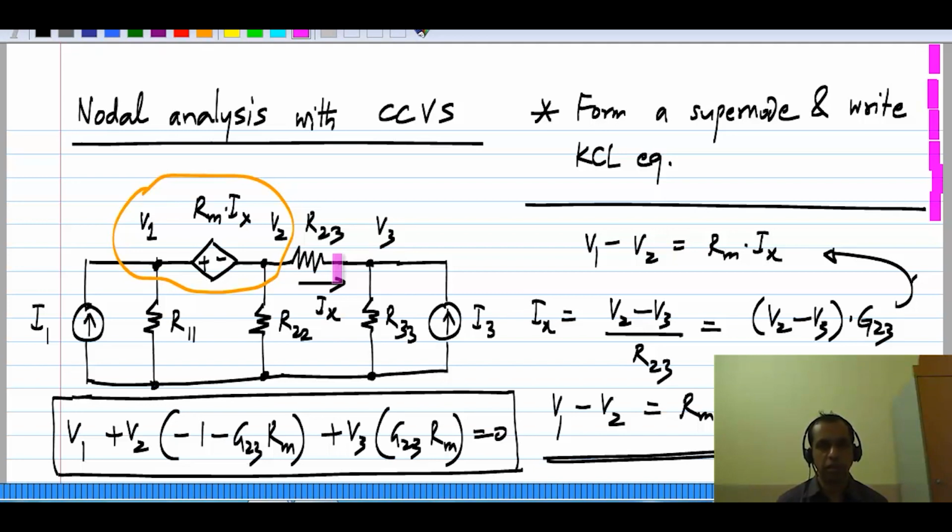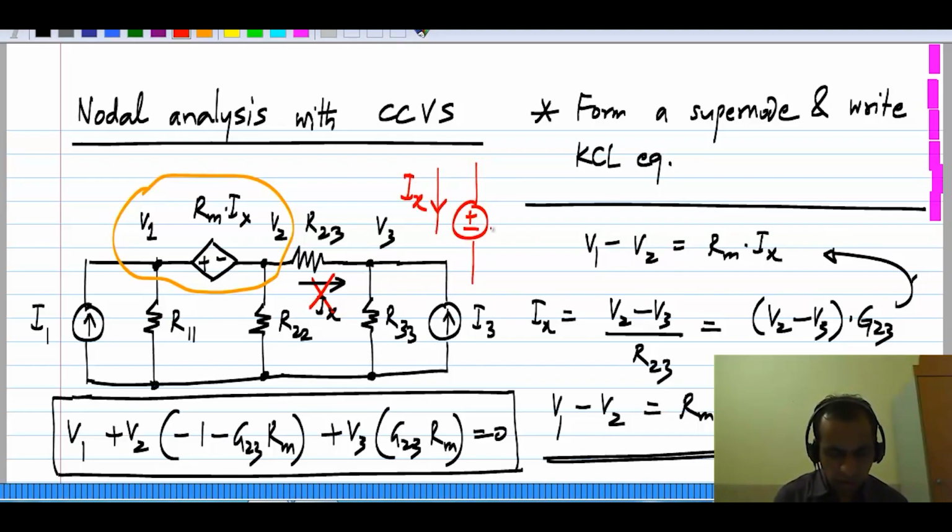Now there is a particular case which I have not considered, right? Let's say that we had a slightly different circuit and Ix was not over there, but Ix was through another voltage source. It could be a dependent voltage source or it could be an independent voltage source. What I am saying is we have a current controlled voltage source over there, and the voltage depends on a particular current.